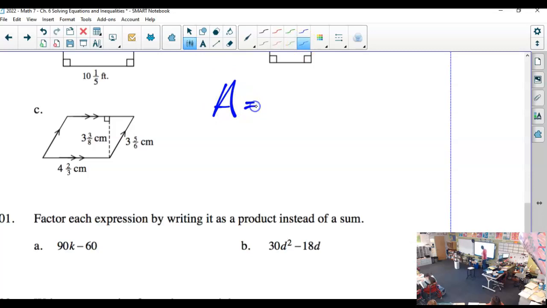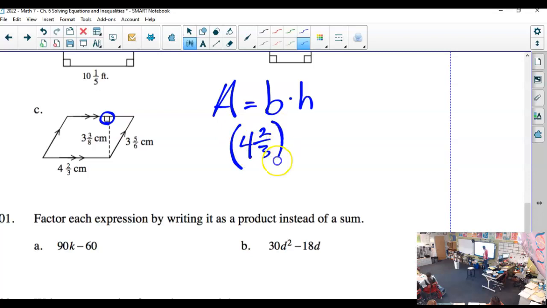Area for a parallelogram is easier than some of our other formulas. It's base times height. But the base and the height have to be perpendicular with each other. So I use 4 2/3 and 3 3/8. And then if you were off by just a tiny bit, you probably rounded your 4 2/3 instead of using it like an improper fraction or something like that. So we can go back to the answer key if we want to double check that.